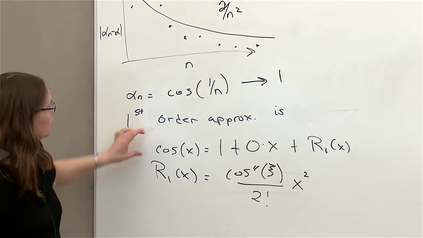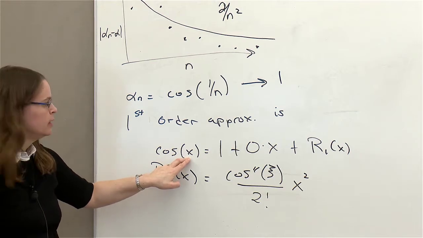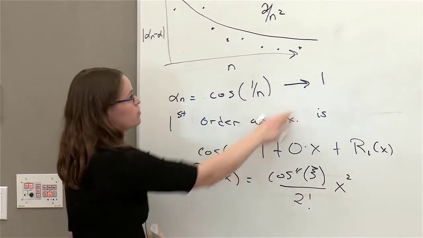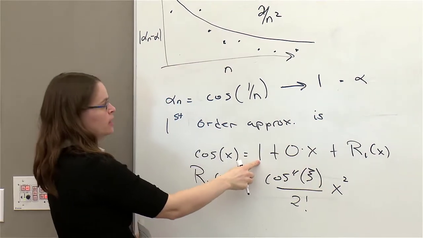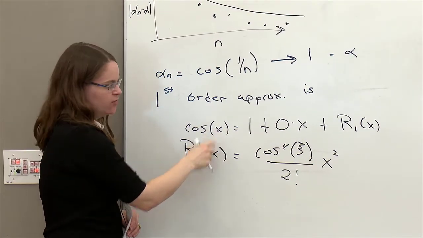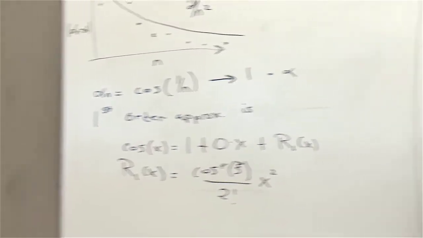Now if I look at my alpha n, it is cosine of 1 over n. This is 1, so this is my alpha. Cosine of 1 over n is my alpha n. And now we can try to figure out how quickly this thing is converging.